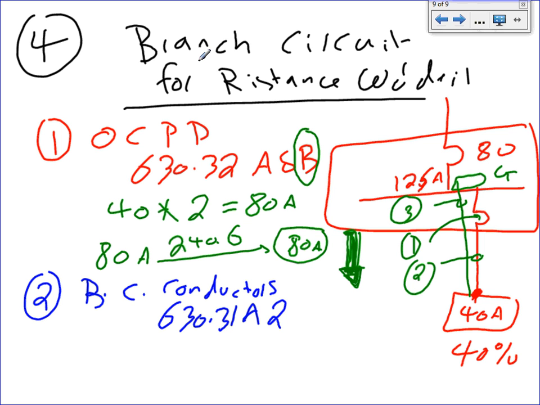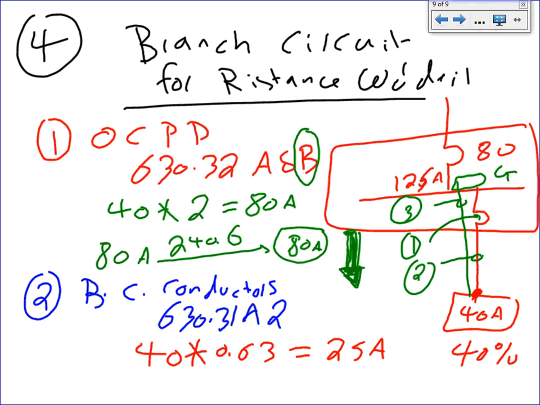So if you read through it, it'll tell me I'm going to take my 40 and multiply. What's the multiplier for a 40% duty cycle? DJ? 63. What was the amp on that one? 25. Yep, 25 amp.